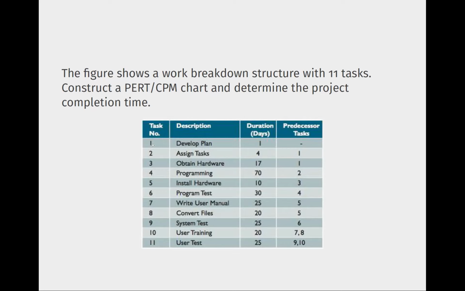Once task 1 is finished, only then can you start tasks 2 and 3. Tasks 4 and 5 should wait until task 2 finishes. Task 5 should also wait for task 3 to finish. Task 6 should wait for 4. Tasks 7 and 8 should wait for 5. Task 9 should wait for 6. Task 10 should wait for both 7 and 8. Task 11 should wait for 9 and 10.